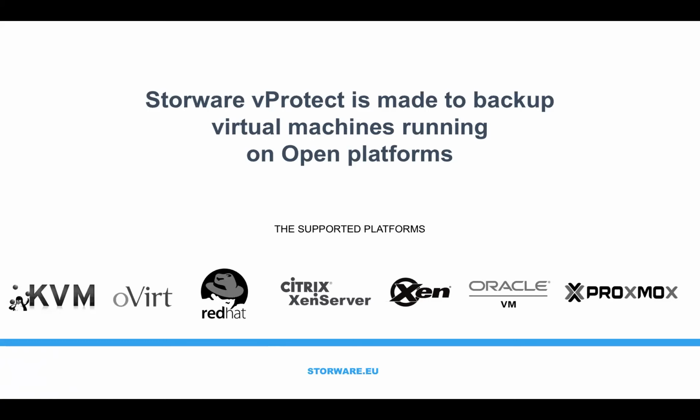For us, that means the different hypervisors except the major ones, such as VMware and Hyper-V. We notice that lots of businesses today are moving into Red Hat, Citrix, Xen, Oracle VM, Proxmox itself.